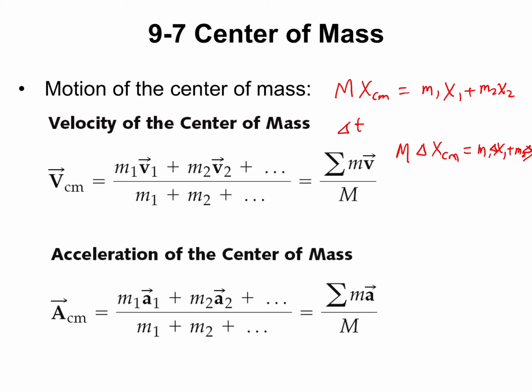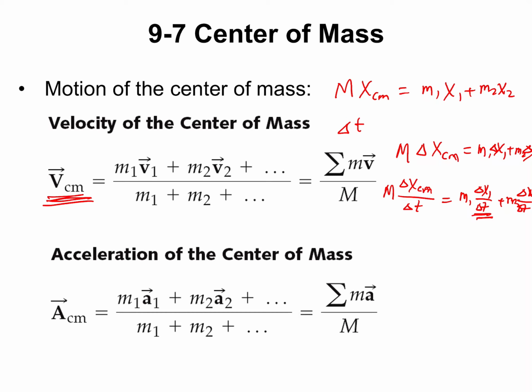Okay, so if you have a position change within delta t, then you can tell M delta xcm over delta t equals m1 delta x1 over delta t plus m2 delta x2 over delta t. This position change, displacement over time, is actually velocity, right?